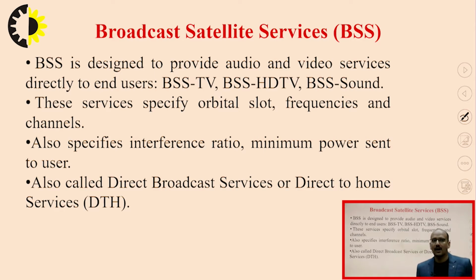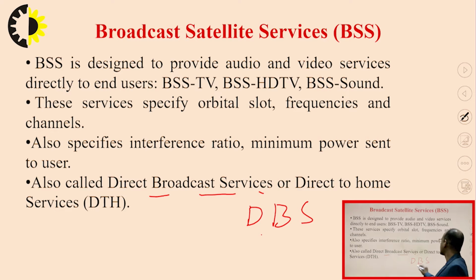These services also specify the orbital slot, frequencies and channel, and also specify the interference ratio and minimum power sent to the user. Basically, these services are called direct broadcast service, DBS, or direct to home service, DTH, at your home.